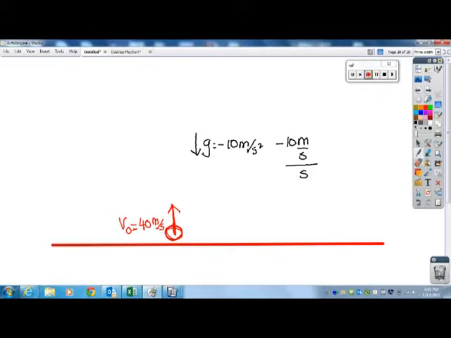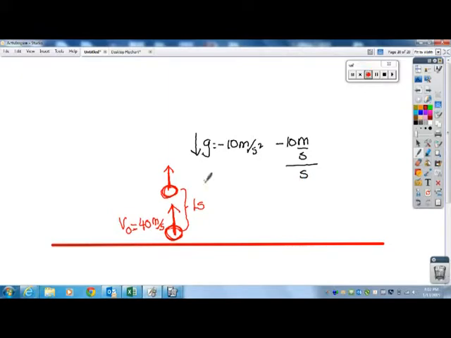So let's just go ahead and work this problem out. This means that after 1 second, when the ball gets to this point, let's say this is 1 second later, if somebody asks you how fast the ball is going, you'll simply say, well, it was at 40 meters per second and it's slowing down because there's a negative 10 meters per second squared acceleration against it.